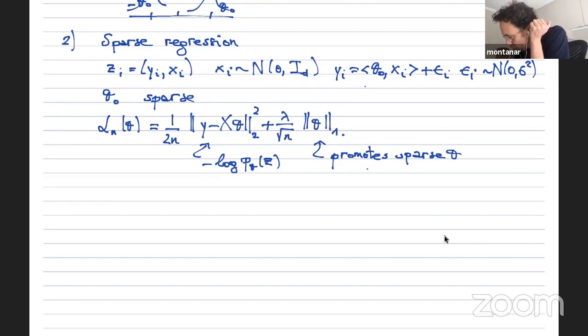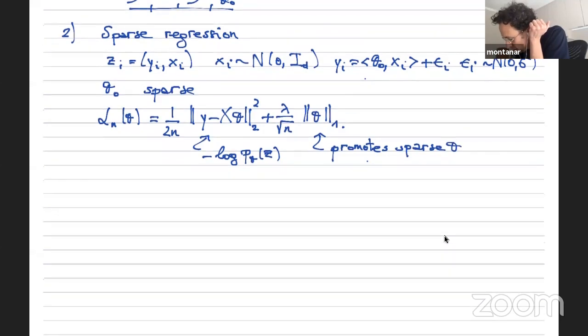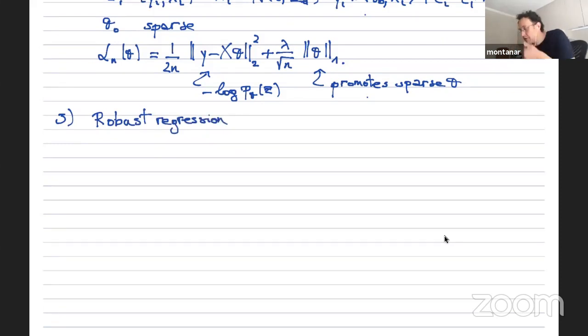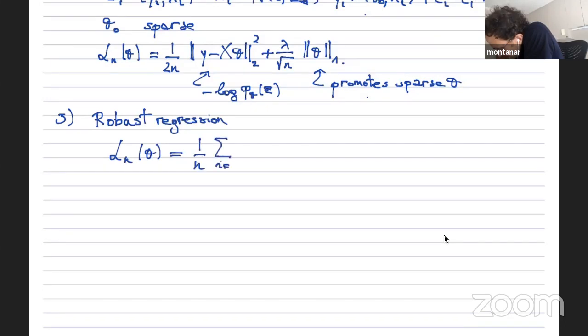For instance, you can change the distribution of the noise epsilon, and then look at what's sometimes called robust regression, in which instead of minimizing the sum of squares, I'm minimizing another penalty, where rho is a function.